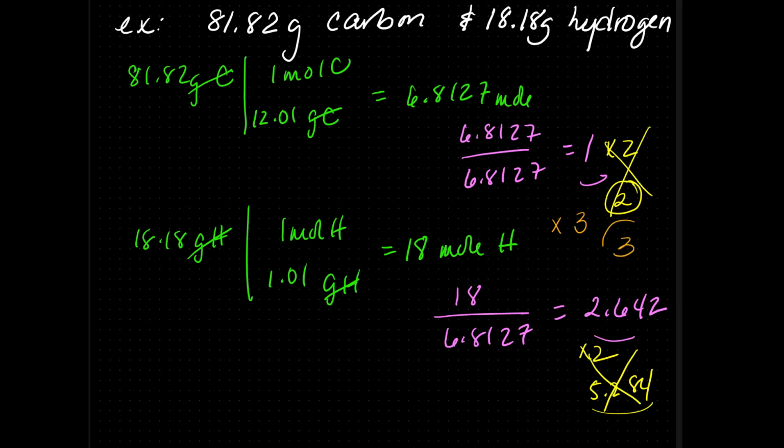The second one, I'm going to multiply by 3 because in math, if I do it to one, I have to repeat the same procedure for everything. 7.926. So here I could round. This is very close to 8. So my empirical formula is C3H8.